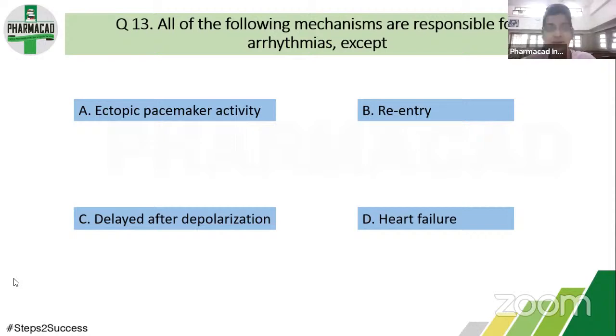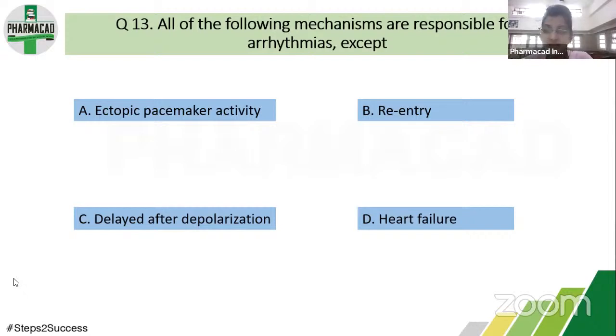So when your SA node has some problem in functioning, these other ectopic pacemakers can generate impulses. But when they start generating impulses in spite of the SA node being able to generate impulses, many impulses are generated, which leads to problems like arrhythmia. So this is one of the reasons.